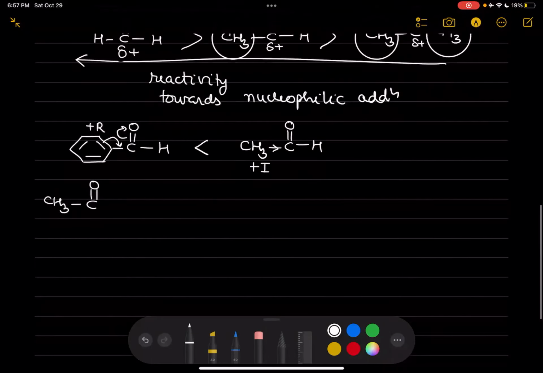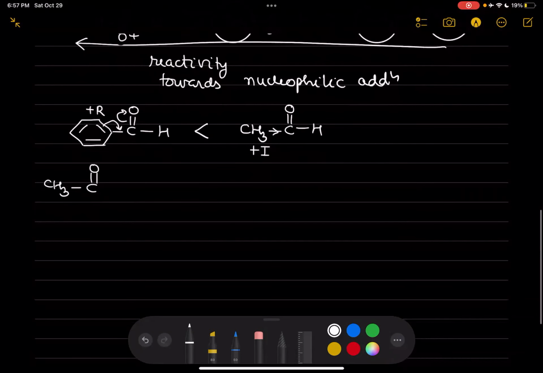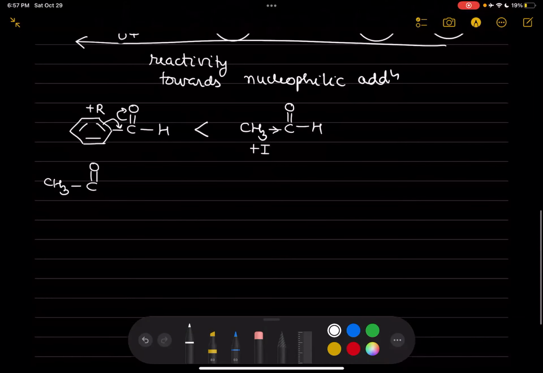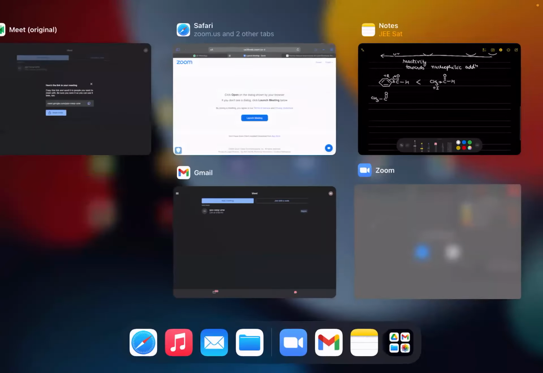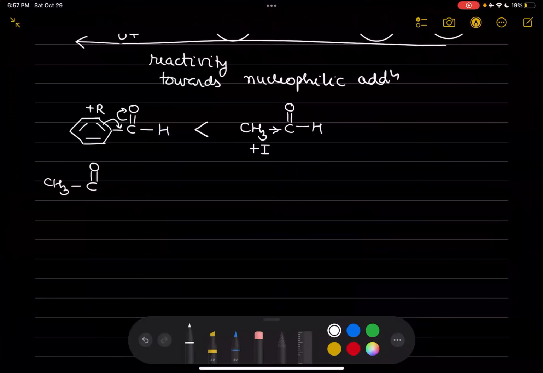And as you can see over here, this is enriching the CO to a greater extent by giving its pi electrons. And on the other hand, the phenyl is very bulky, so the rate is going to come down, right? Yes, sir.